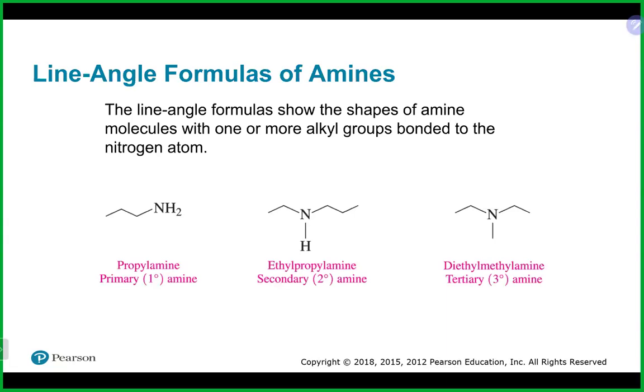So our line angle formulas here, obviously we could draw them just like everything else. Clearly here you do need to write the N, otherwise it's assumed to be a carbon. And this would be our primary amine, as that's 1 carbon attached to it, giving us a primary. This guy is attached to 1 carbon there and 1 carbon there, the nitrogen, which would give us our secondary.